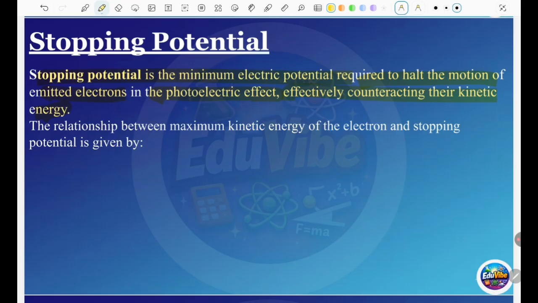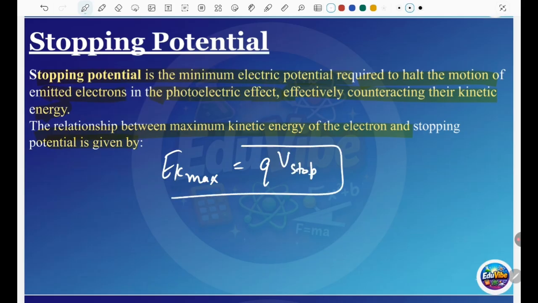The relationship between the maximum kinetic energy of the electron and the stopping potential is EK max equals QV stop. This formula is given in your formula sheet, and it is the formula for the stopping potential.